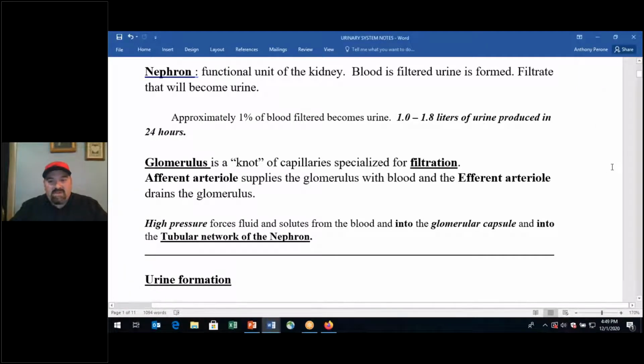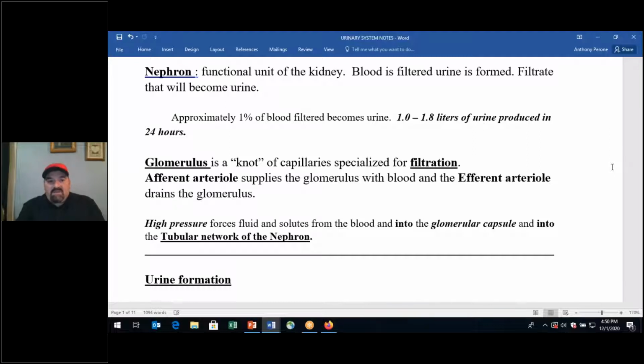We are going to be finishing up the urinary system. Recall that we began an introduction into the urinary system and talked about the fact that the kidneys are taking a tremendous amount of blood and filtering it and producing a filtrate, which will eventually become urine.